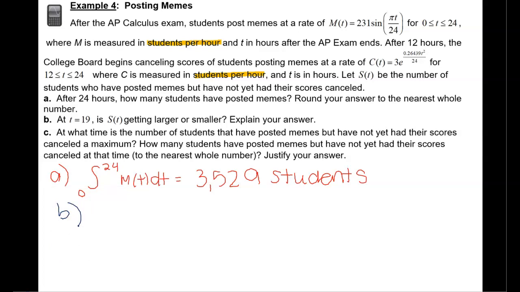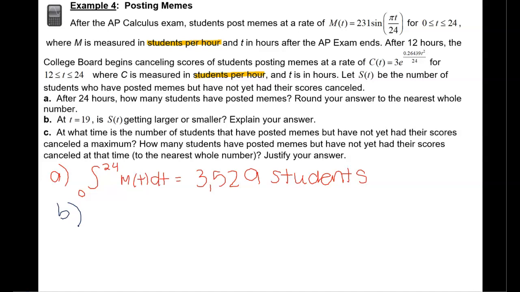At t equals 19, is S of t getting larger or smaller? Remember, S of t represents the students who have not had their scores canceled but posted a mean.